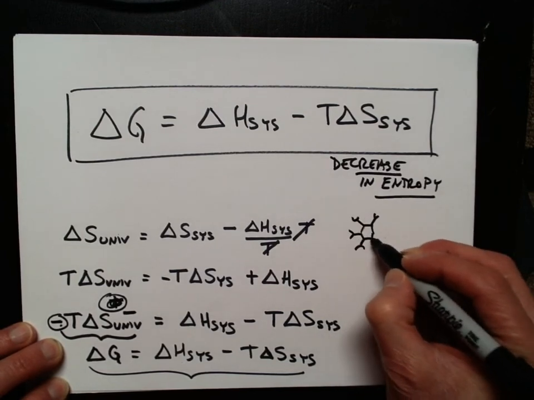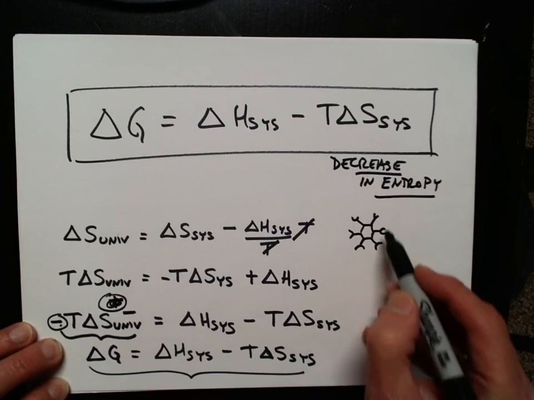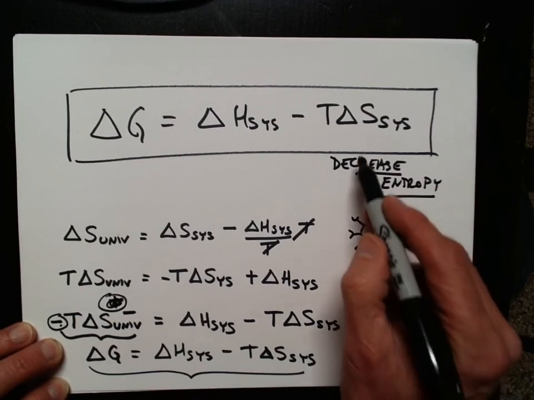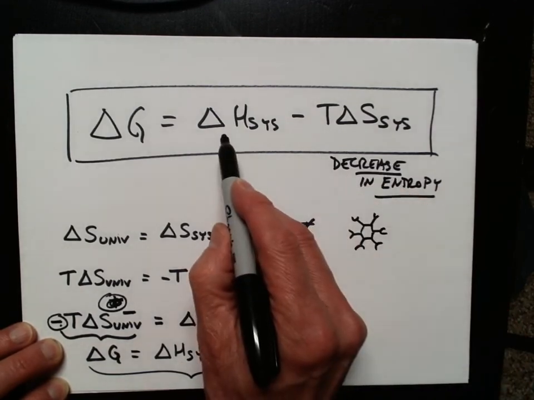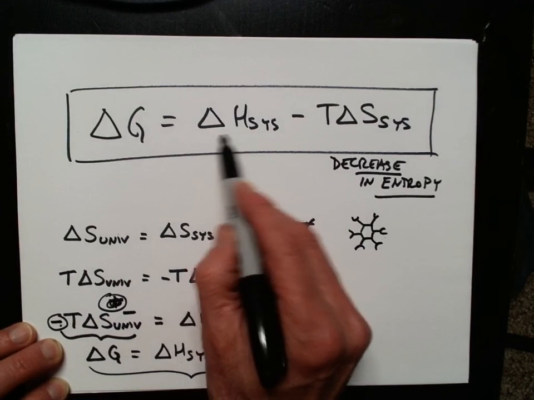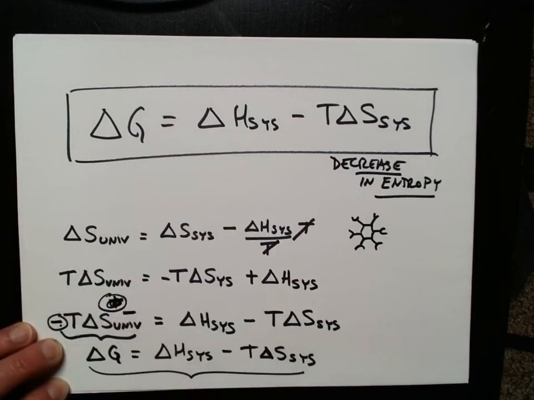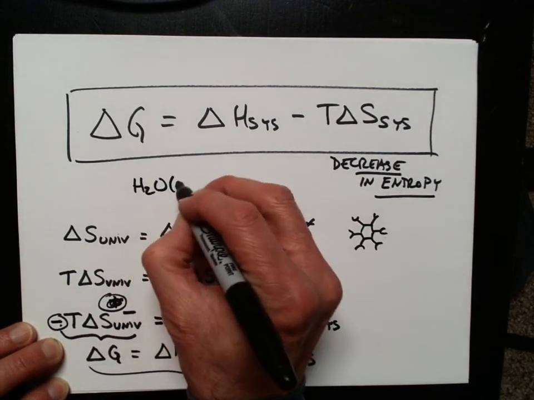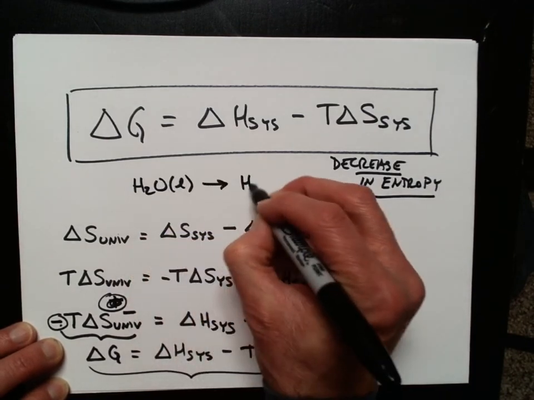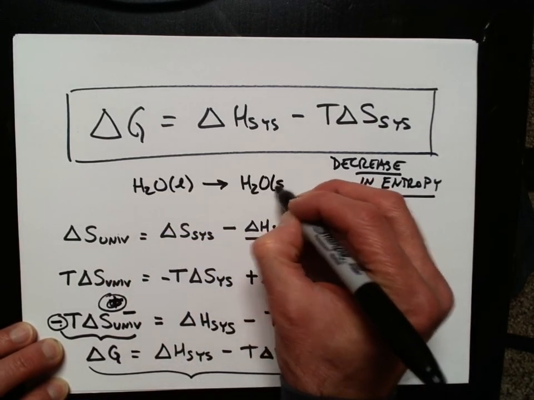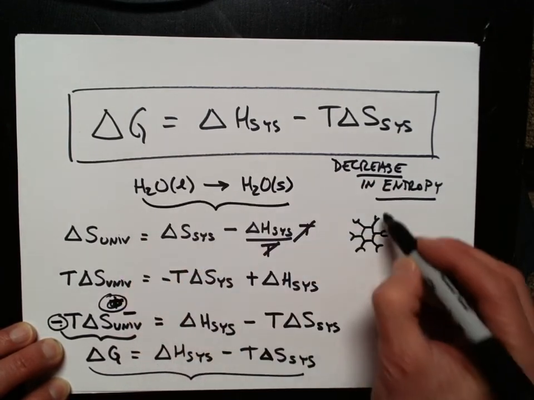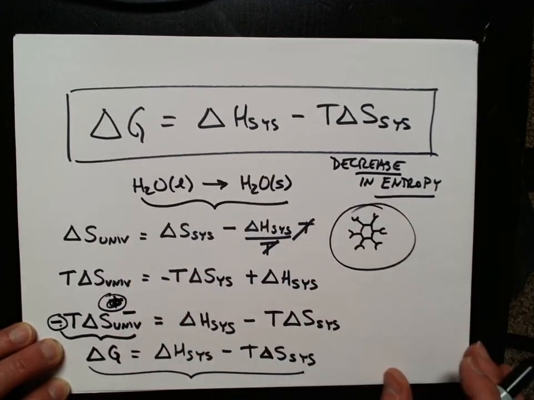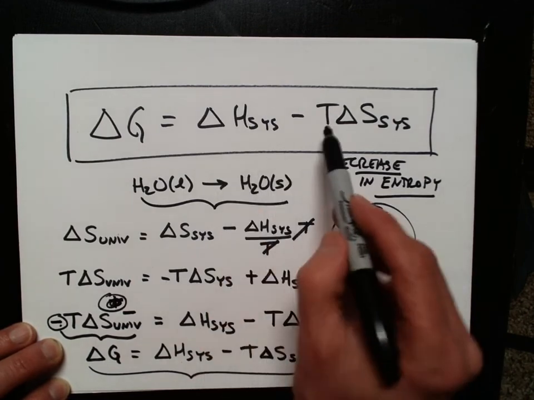A nice, beautiful, six-sided structure. That can happen as long as it's an exothermic process, as long as this ends up being negative enough that delta G ends up being negative. And indeed, we do know that the freezing of water is an exothermic process, so this can happen. We can get the formation of beautiful six-sided snowflakes spontaneously, as long as the temperature conditions are correct.